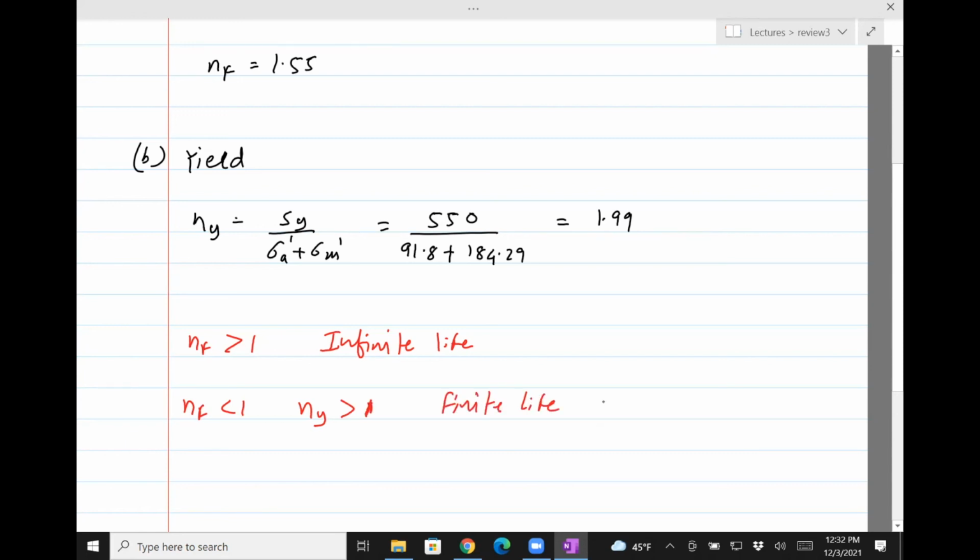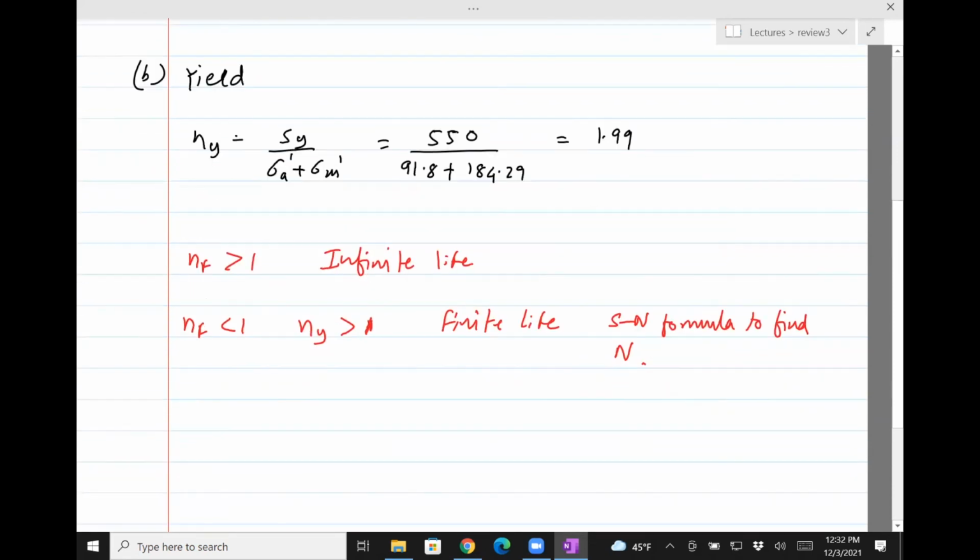If it's finite life, then you can use that formula, the S-N formula, to find the number of cycles. And then finally, if NY is less than 1, it's first cycle yielding. That's to say that the very moment you apply the load, whichever is given to you, you just break.